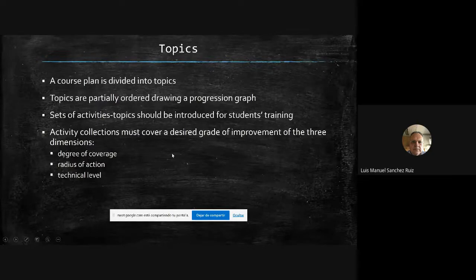And the activities they should be doing should cover a desired grade of improvement of the 3 dimensions. So that means that you must provide them more tools and with more depth. And obviously, when you are getting some competency, that competency is going to be used later on. That is something that we thought was relevant.